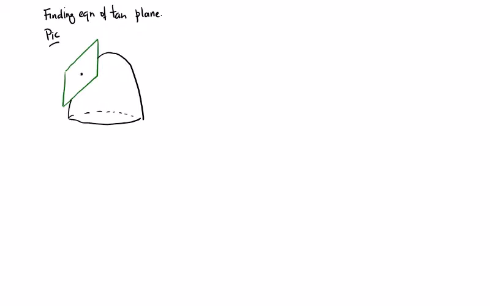There's a point where they're meeting, where the tangent plane is generated. Now, we know that point, right? That point is our point x sub 0, y sub 0, f of x sub 0, y sub 0. So we ask ourselves, what data do I need for a plane?